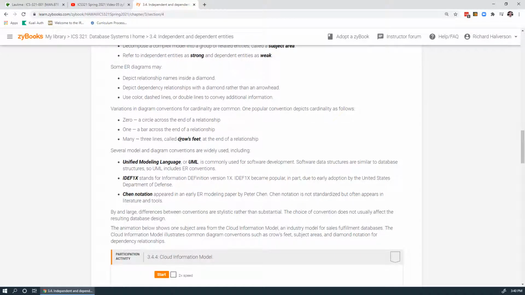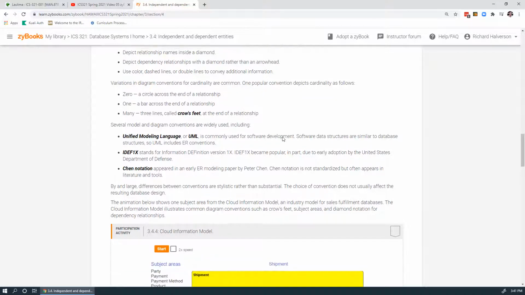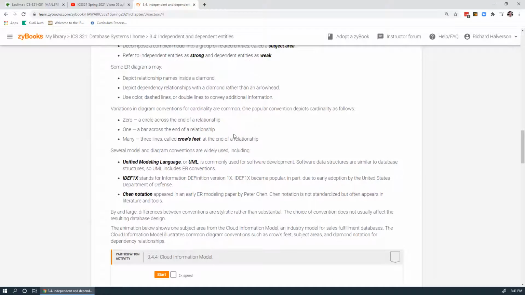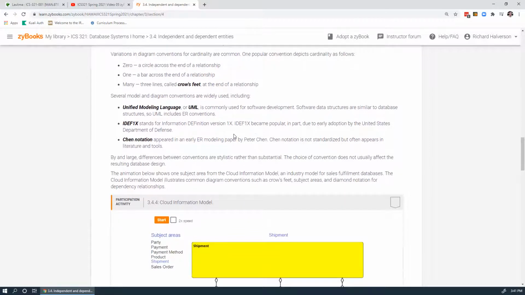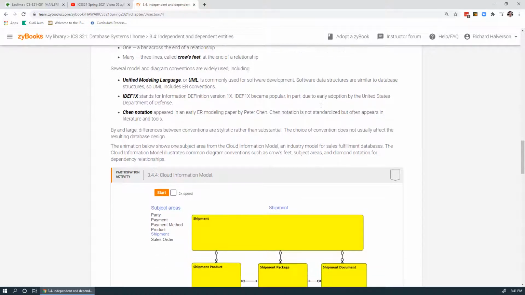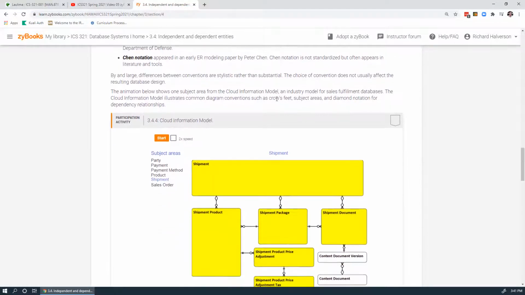I happen to like crow's feet, but some use bars and circles and so on. Some use other forms of expressing the one-to-many and the one-to-one and so on. Several model and diagram conventions. There's the unified modeling language, which I see the most of, and I don't so much these other conventions.